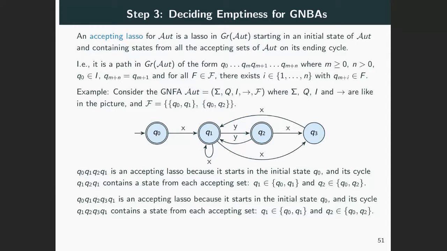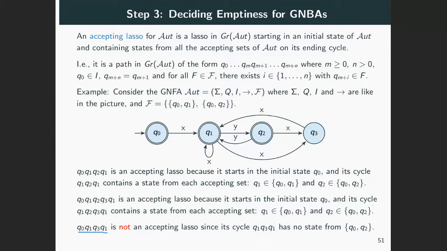And similarly, this one, Q0, Q1, Q2, Q3, Q1, is an accepting lasso for essentially the same reasons, as you can check on the picture. On the other hand, this one, Q0, Q1, Q3, Q1, is not an accepting lasso.